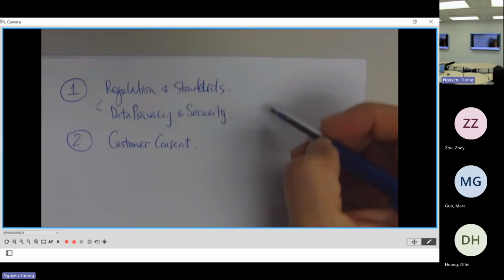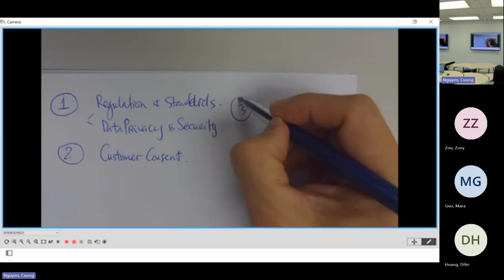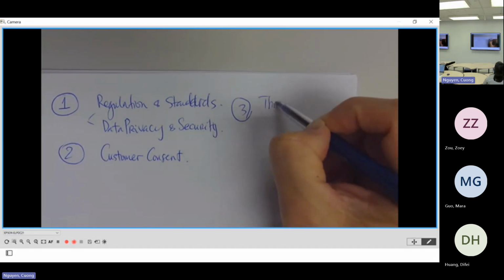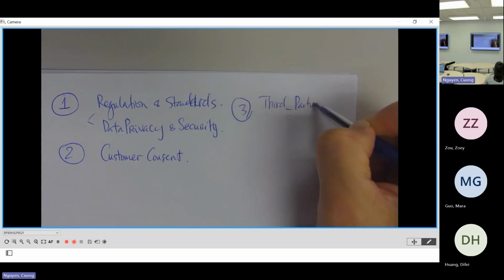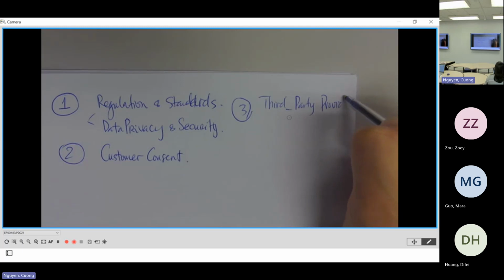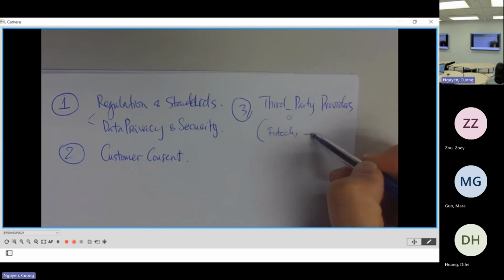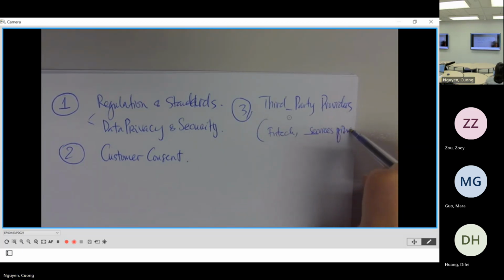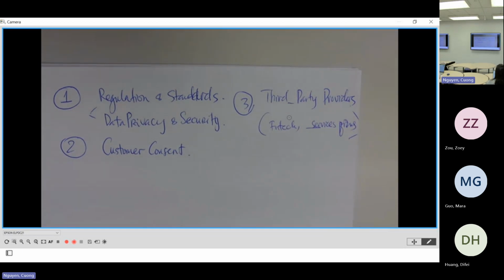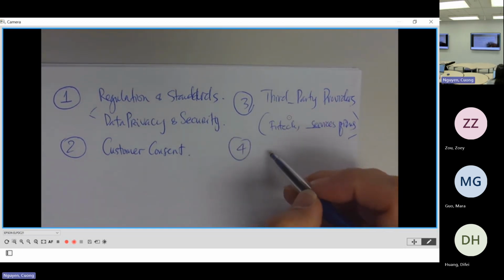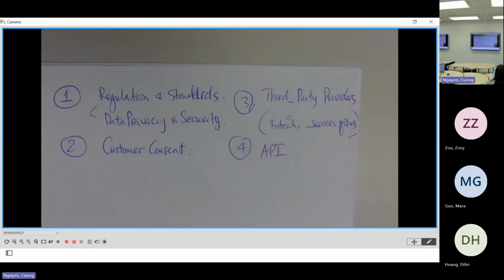And we need the fintech company, the first party providers, which include fintech or other services companies and firms. And we need to have APIs, to connect different systems, between the customer database from banks and the app.